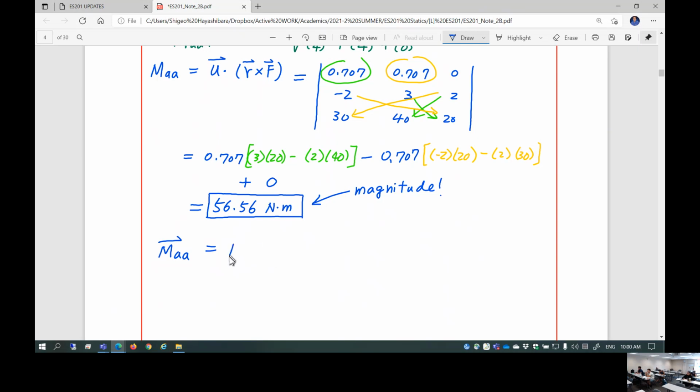So basically, you got the magnitude MAA multiplied by the unit vector in the direction you want. So this is 56.56 multiplied by the unit vector, which is 0.707i plus 0.707j.